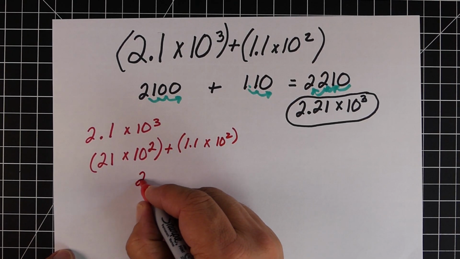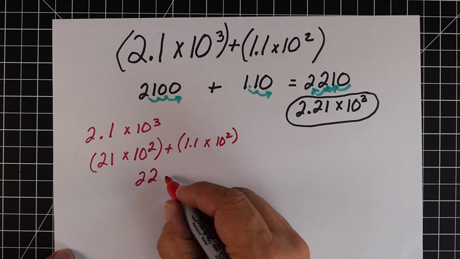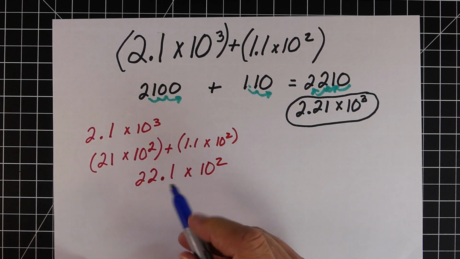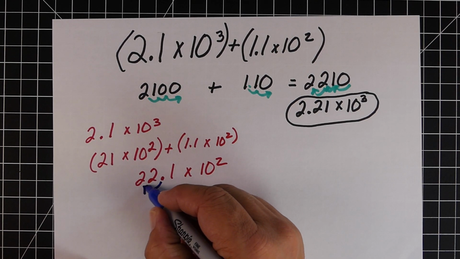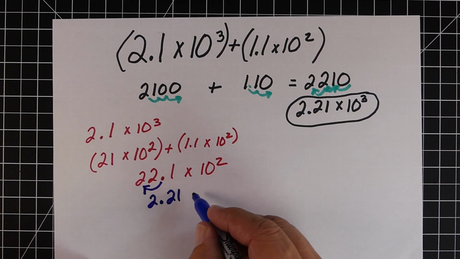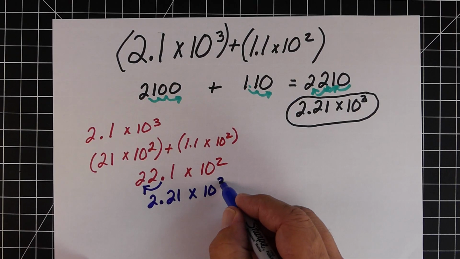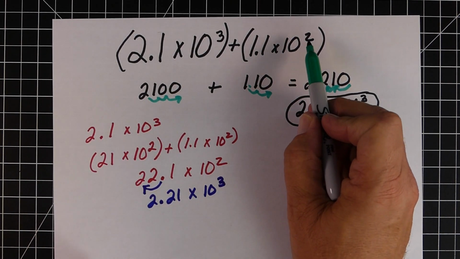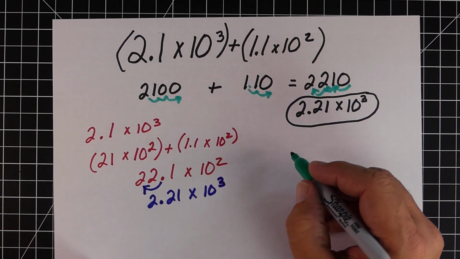They have the same exponent of 2, and we just add up our coefficients. So we have 22.1 times 10 to the second. Now we need to write it in scientific notation, which means we have to move the decimal 1 time to the left to give us 2.21, and that would turn our exponent back into 3. So 2.21 times 10 to the third.